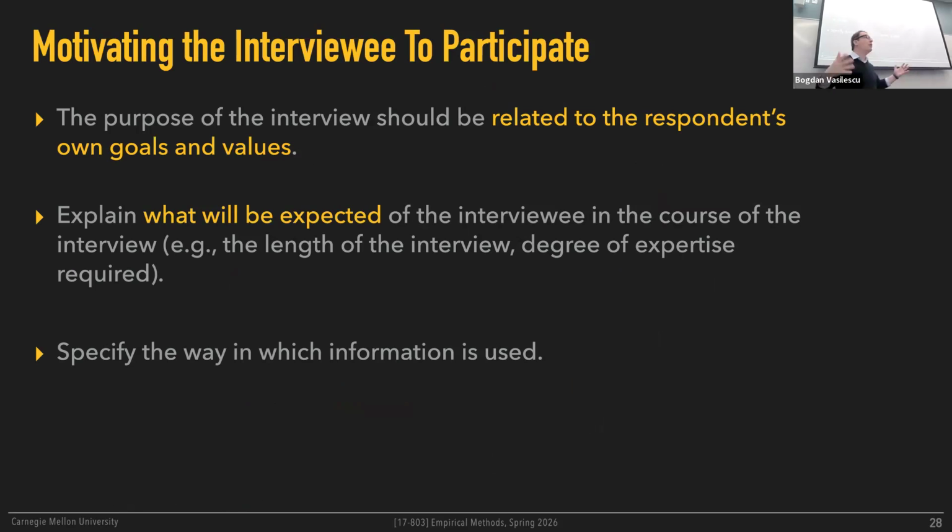Right. So motivate your interview participants, argue to them convincingly what the value of the research is in the first place, and what the value of their particular participation in your study is on top of this.